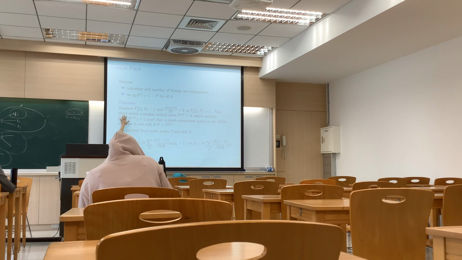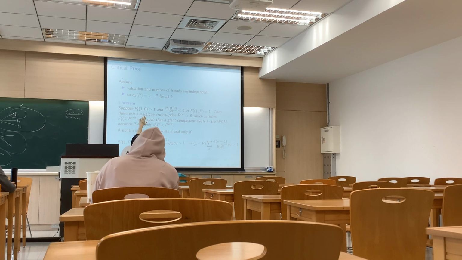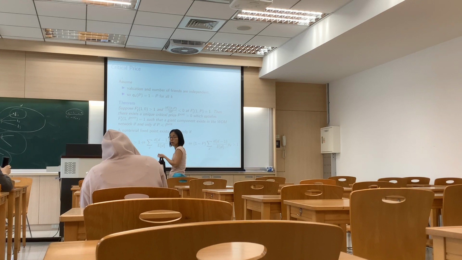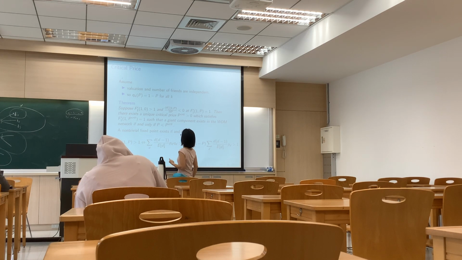So suppose that at price 0, in the original friendship network, a consumer found by randomly following a link has more than one additional friend. And if you increase price, the number of additional friends that consumer has is strictly decreasing.